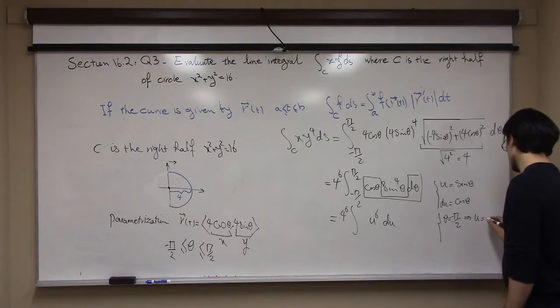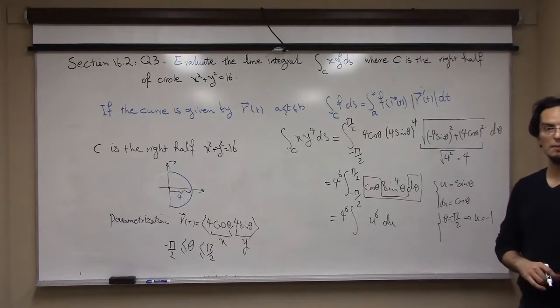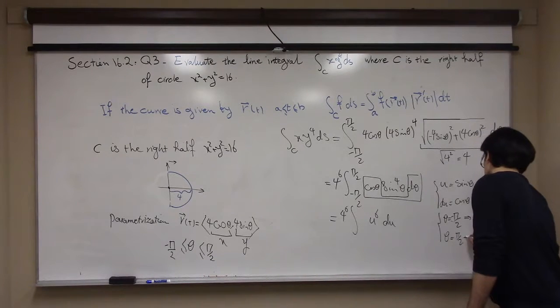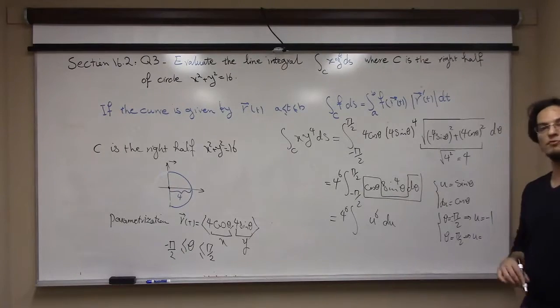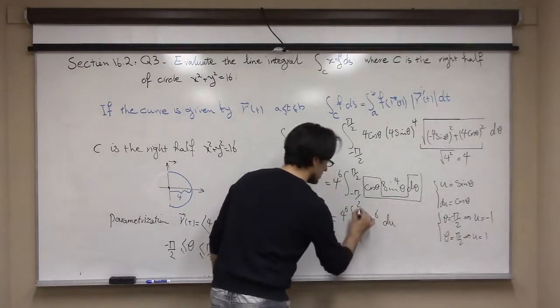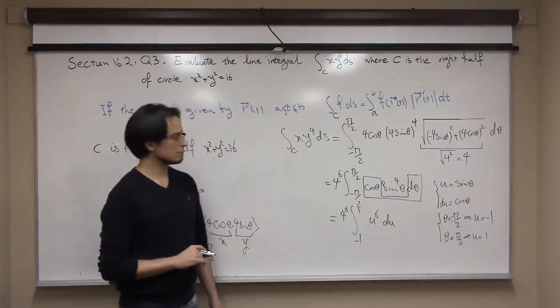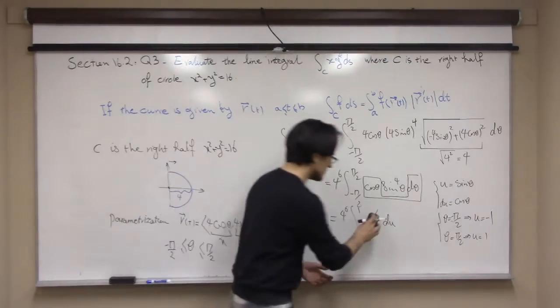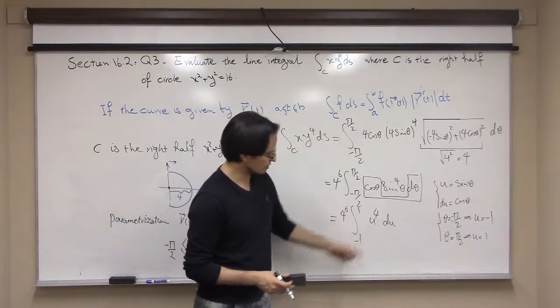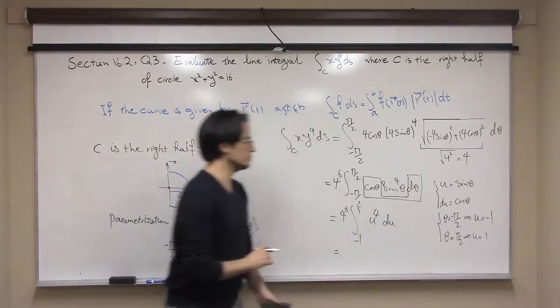Look at your trigonometric table. It is negative 1. And if theta is pi over 2, then u is sine of pi over 2, which is 1. So then my new boundaries are these. Why do I have 6 there? It is 4, it's just 4. Sine to the 4 is good. It is equal to u to the 4.